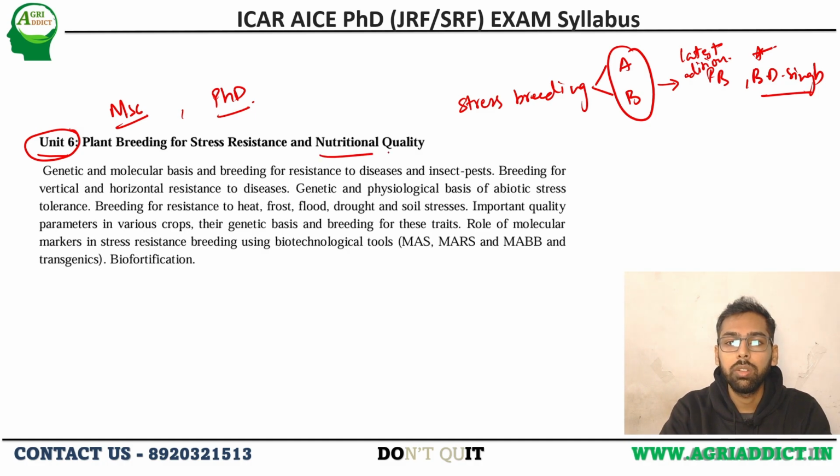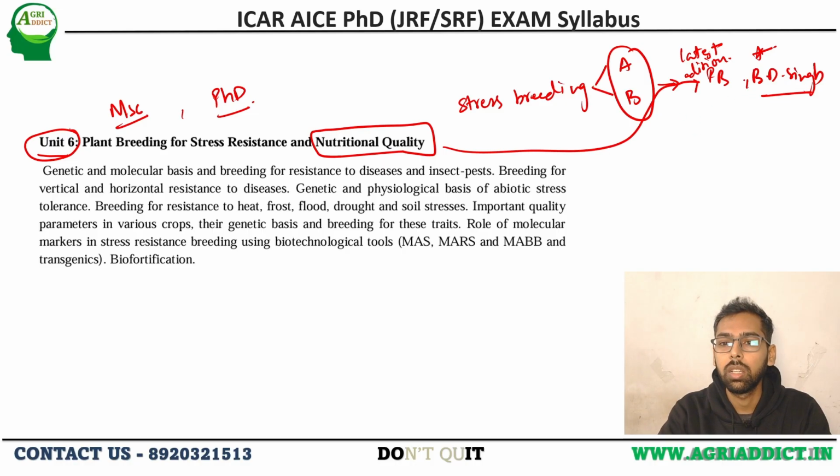And then regarding the nutritional quality, nutritional quality breeding is also clearly mentioned in the latest edition of Plant Breeding by B.D. Singh. Regarding the biofortification, every year ICAR releases a manual on biofortification: what are the biofortified crops which are released in the respective agriculture year. So kindly refer to the ICAR biofortification manual.